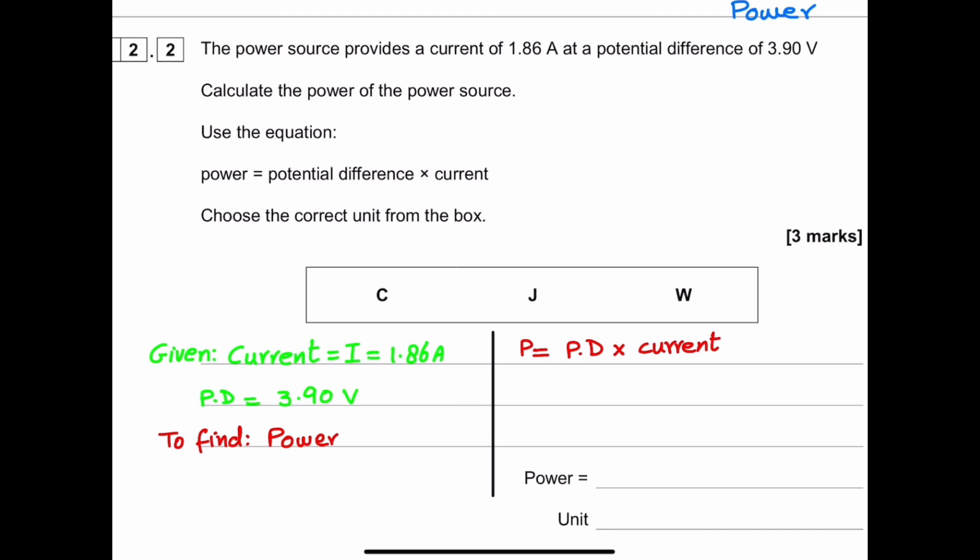So we use the values here. 3.9 multiplied by 1.86, and the answer is 7.254. The unit of power is watt, and it is represented by capital W.